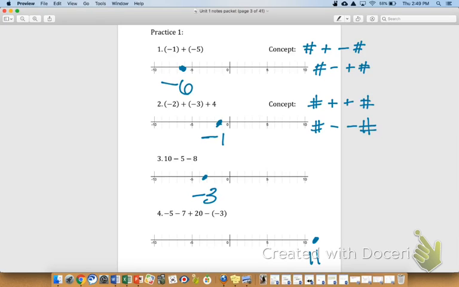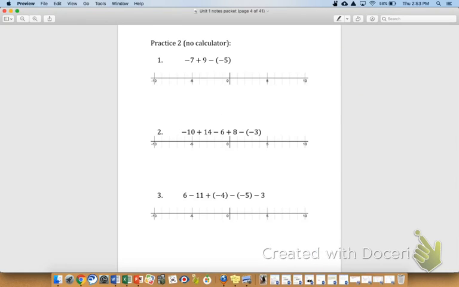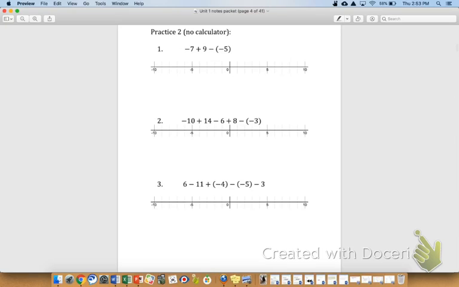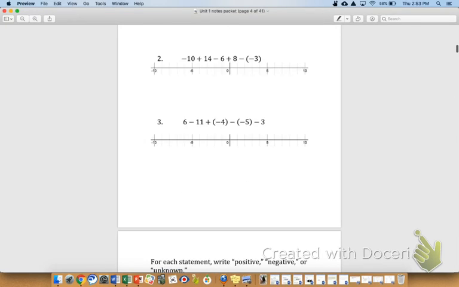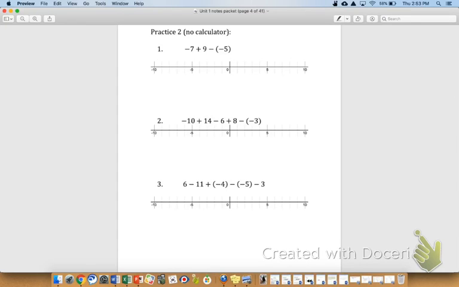This is one of those foundational skills we need to be really, really good at. So I'm going to give you another round to practice these. If you would, flip ahead to your next page, and let's do something similar to what we just did. Take a look at practice 2, the second little set here of 3 questions. These get a little bit more involved.